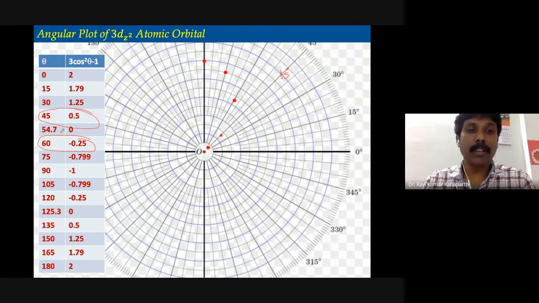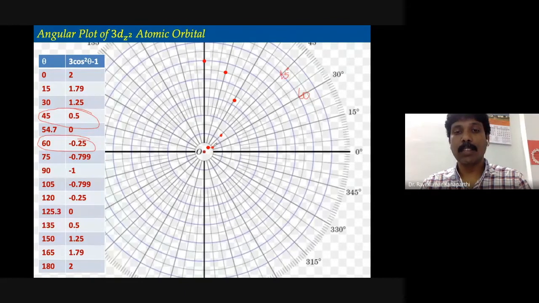Then at 60 you have to mark it. That 60 means this is the angle. At 60 this point is 0.25, and it should be here. The next one is 75. At 75 it is 0.8, I would say.